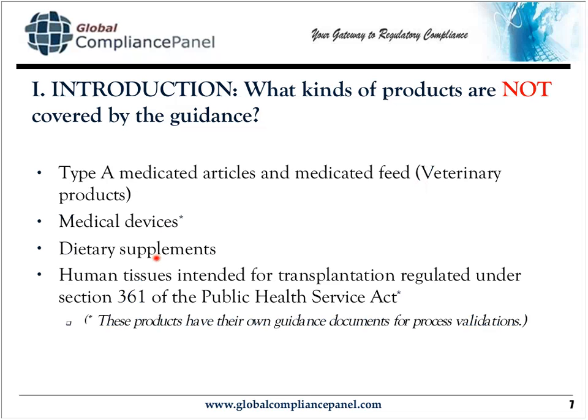Now, dietary supplements are classified as food, so you have to look to the food GMPs to look at their process validations. The medical devices, and then human tissues intended for transplantation. These two classes, devices and transplantable tissues, have their own guidance documents. So, you know, if you're working in these areas, you need to go and look at those guidance documents, not this one.